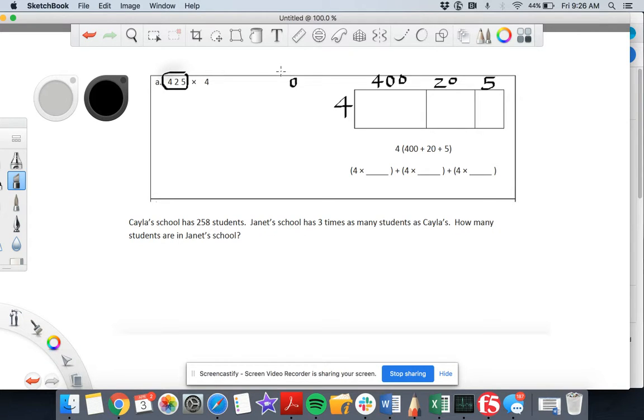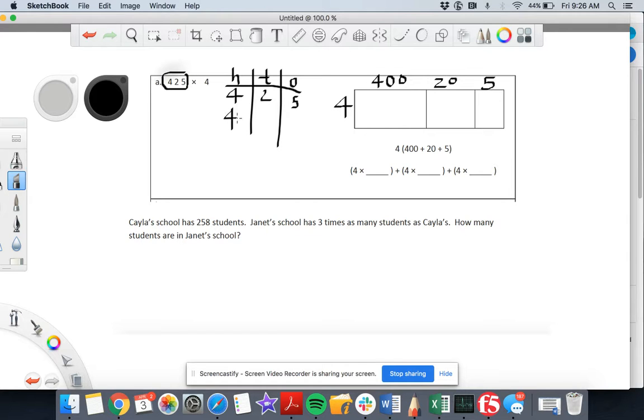And if you need some review on breaking up numbers, first thing you do is put the number in the place values chart. So 4 is in the hundreds, 2 is in the tens, and 5 is in the ones. And I would break up this number by looking at the number in the place values chart and then adding a 0 to every place value that is to the right of it.